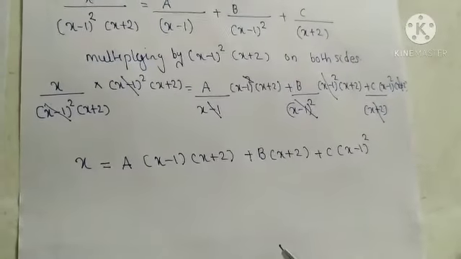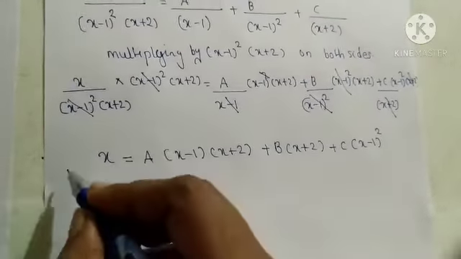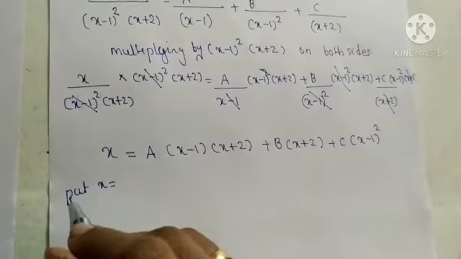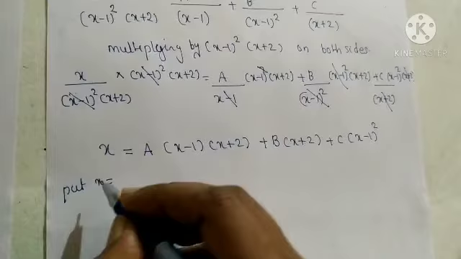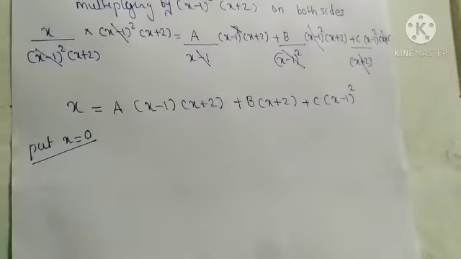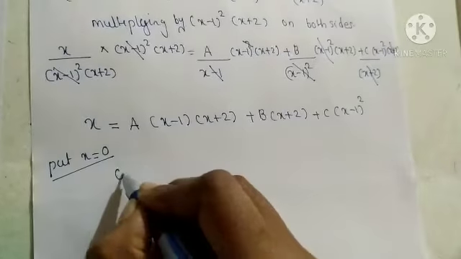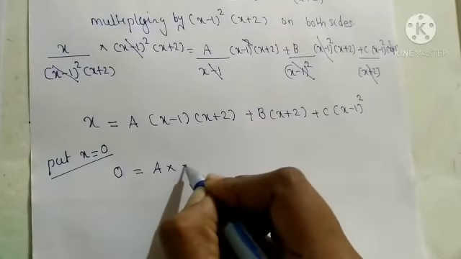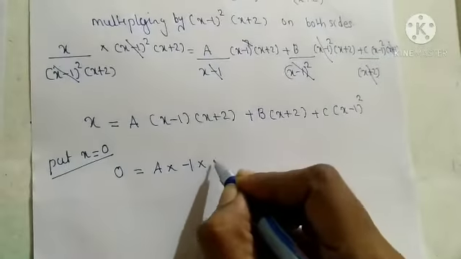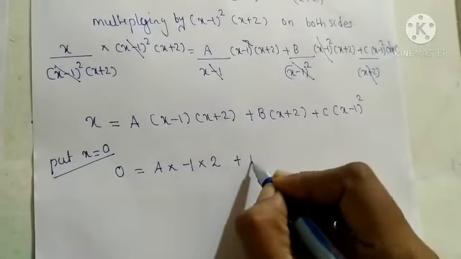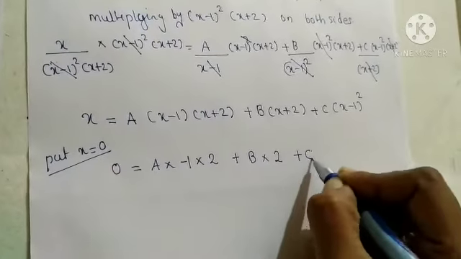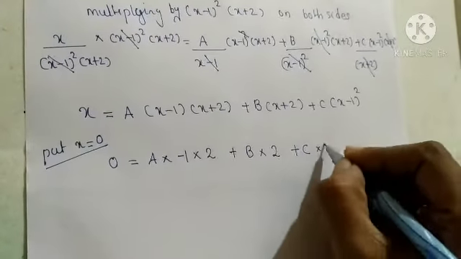Okay. So next I am going to put x equal to 0. So here we get 0 equal to a into (0 minus 1) into (0 plus 2) plus b into (0 plus 2) plus c into (0 minus 1) square, that is 1.